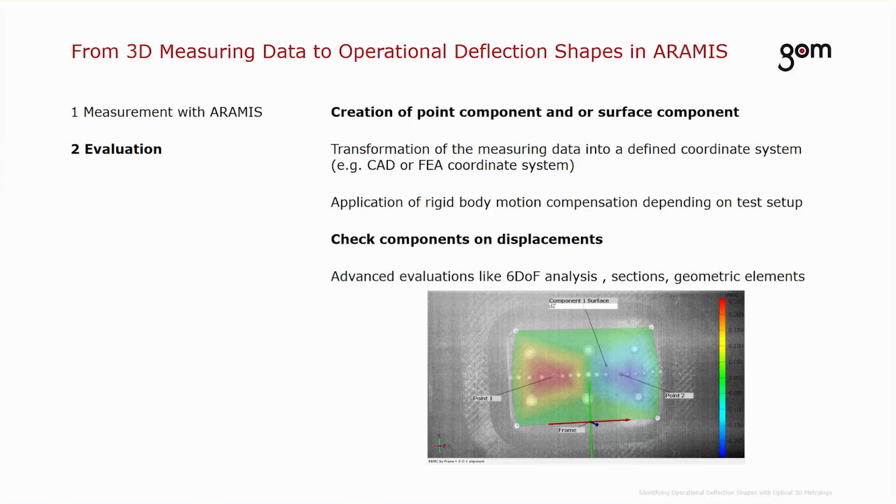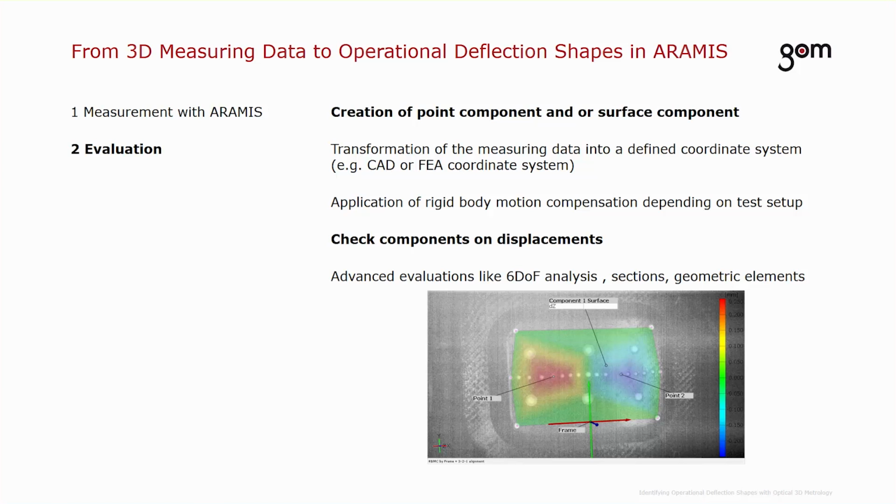Depending on the test setup that you did and the analysis you want to derive, you can also apply the rigid body motion compensation. For example, as we have seen in the door slam example, we used the chassis to compensate for the rigid body motion of the whole car and to focus really on the indentation of the outer panel of the car door relative to the frame or the chassis itself.